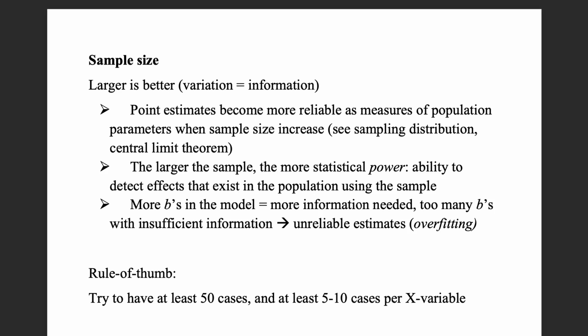Again, this is a rule of thumb, so there's no fundamental difference between 51 and 49 or anything like that, but try to have at least 50, because then at least we have a somewhat reliable estimate of a mean, and maybe even a conditional mean, which is what a regression model really is. And then for each independent variable that you have, try to have at least 5 to 10 cases. More is better. So the more independent variables you have, the more cases you need to reliably estimate them.